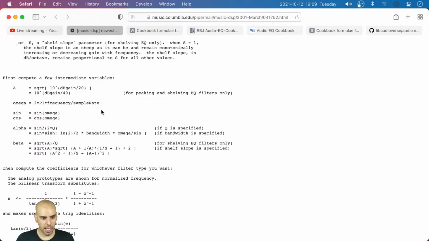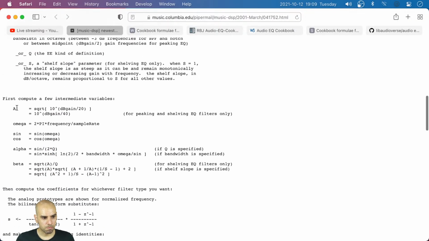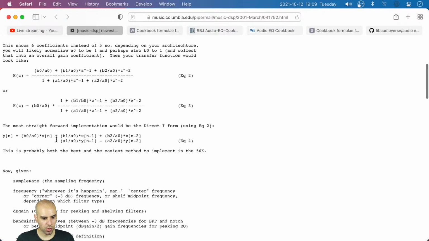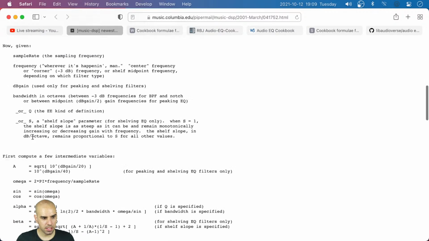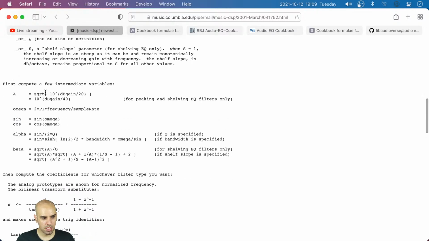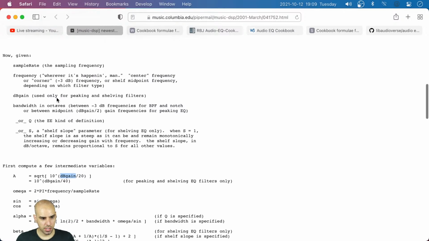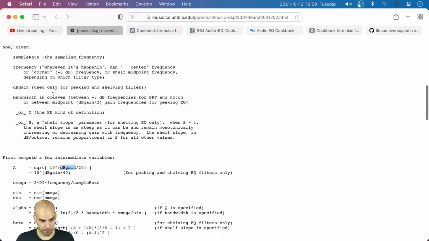So we'll have an A, and that's a problem because capital A and lowercase a mean different things. So I guess that this one is more important. That is going to be our A's, and this is less important. So let's have a different name for this. What is this doing? This is like the square root of the dB gain converted to gain. So dB gain is measured in dBs.